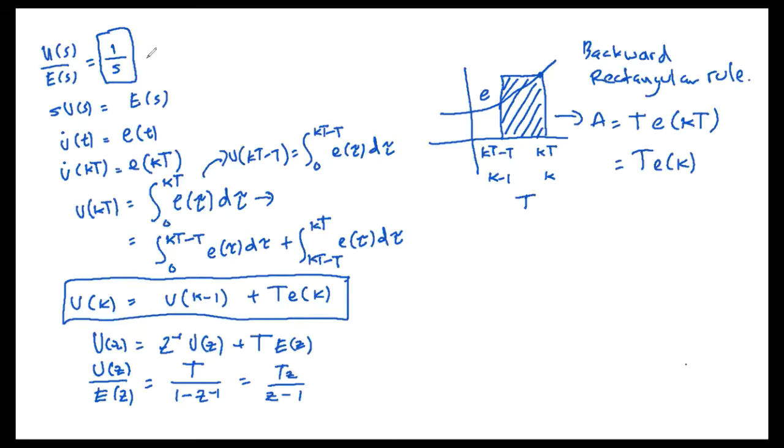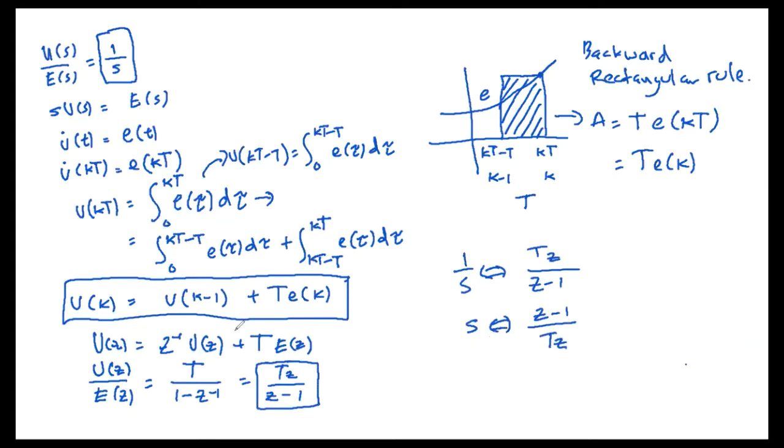So now 1 over s is equivalent to tz divided by z minus 1. So 1 over s is equivalent to tz divided by z minus 1, and so therefore s will be equivalent to z minus 1 over tz.